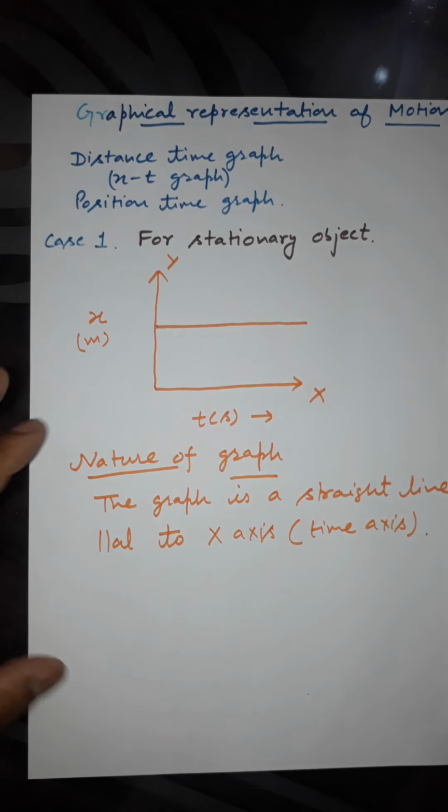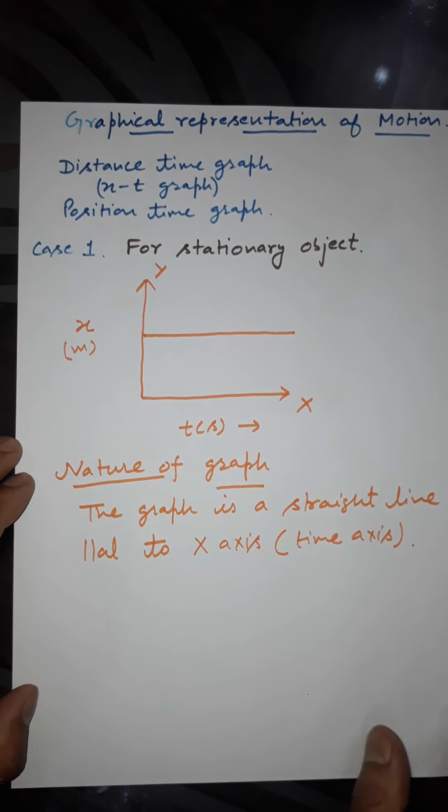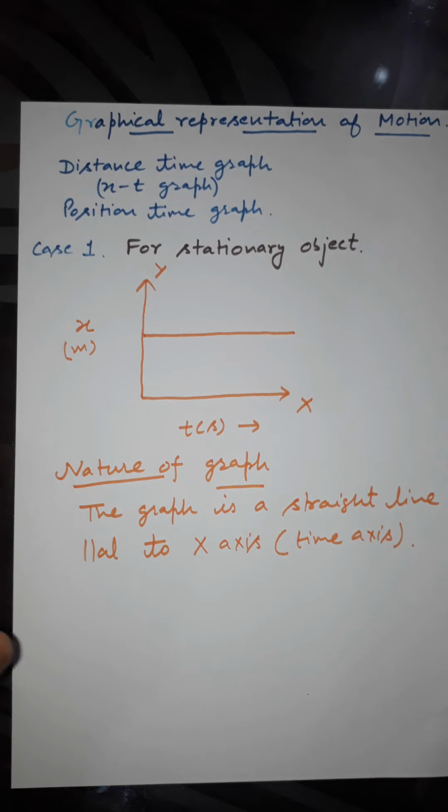Okay, so it is very much clear that what is the nature of xt graph for a stationary object. So it is a straight line parallel to time axis or x-axis. Okay, you have to keep one thing in your mind, that there is no significance or there is no importance of this graph, that is xt graph for stationary object.